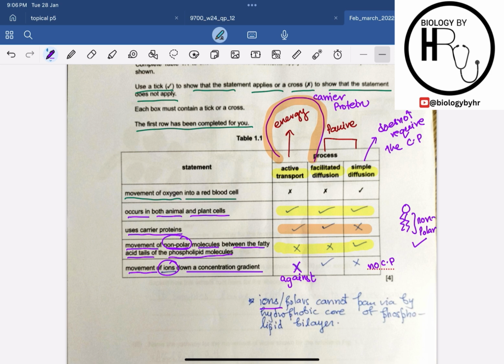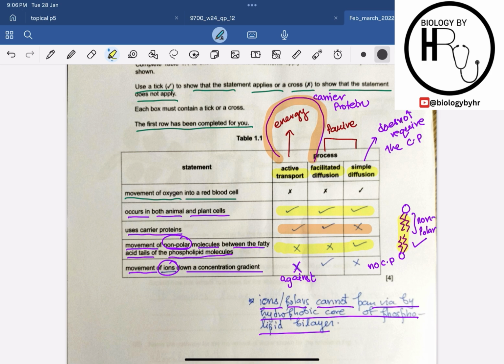Ions or polar substances cannot pass via the hydrophobic core of the phospholipid bilayer. So what is the hydrophobic core of the phospholipid bilayer? If I draw the phospholipid bilayer over here, this is the hydrophobic core, which is made up of the tails of the phospholipid, right?